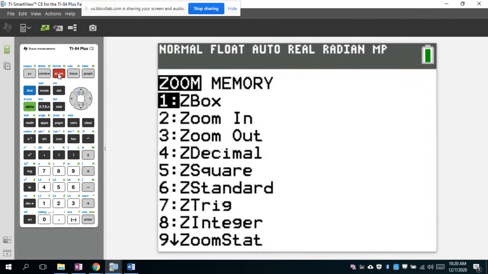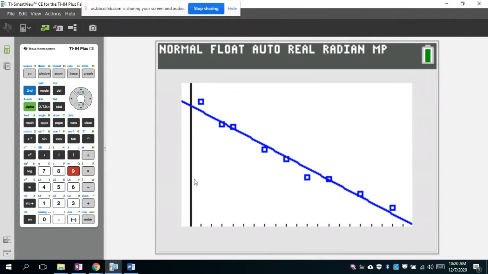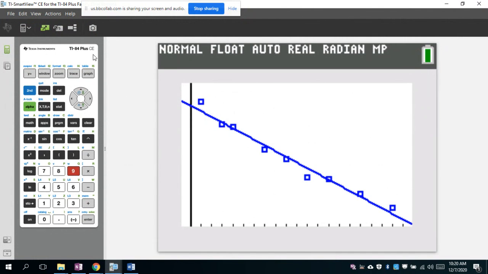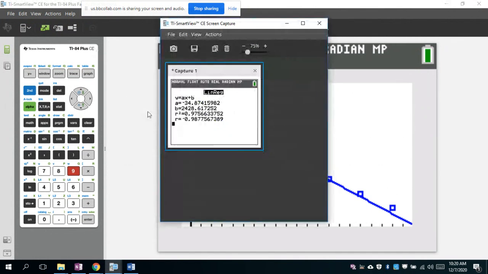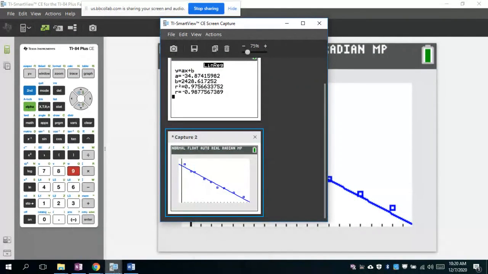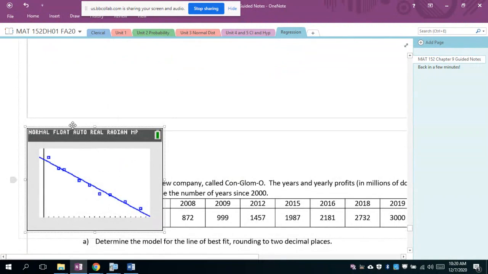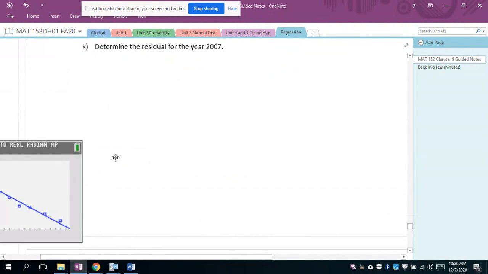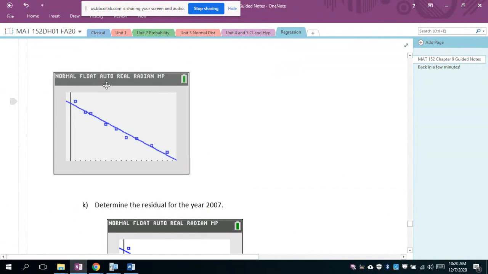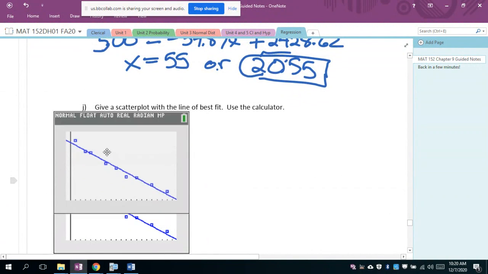But if you hit zoom and 9 for zoom stat, like you've done with box and whisker plots, this is what I'm looking for. So basically, all I'm looking for is a copy of this from your calculator.